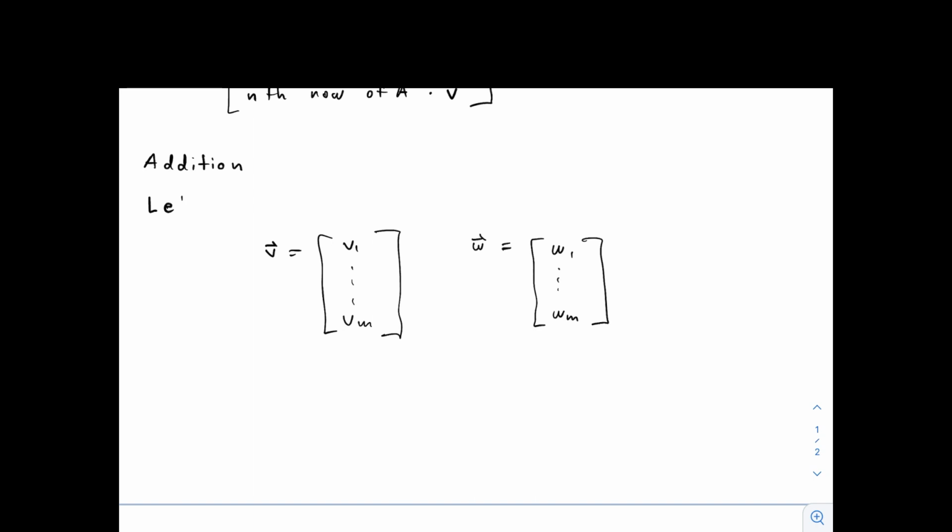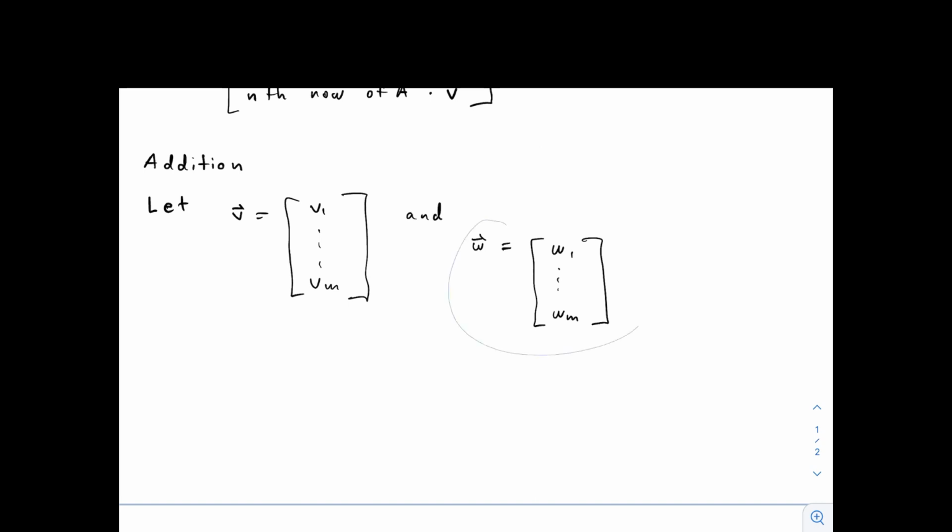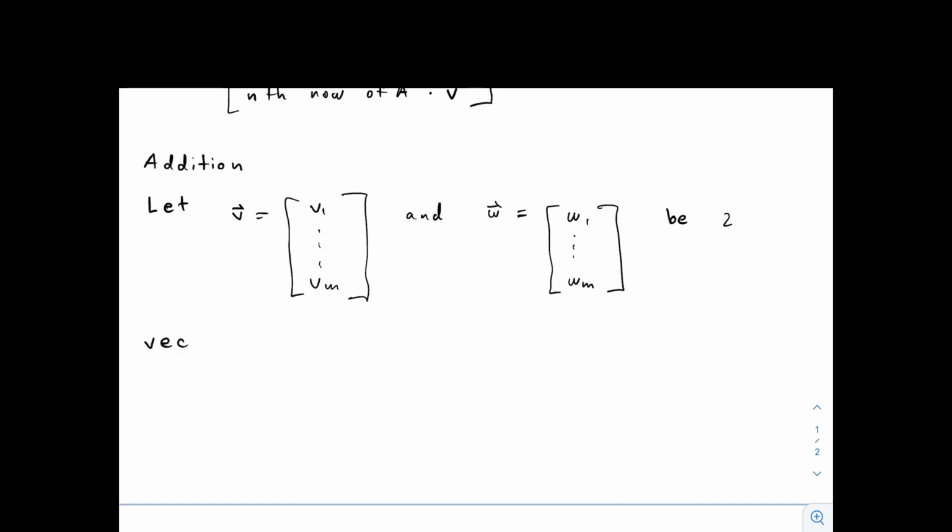Let v be defined as this, and w, which we define as this, be two vectors in Rm.